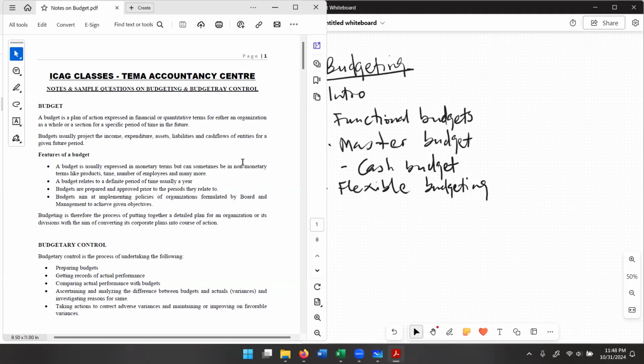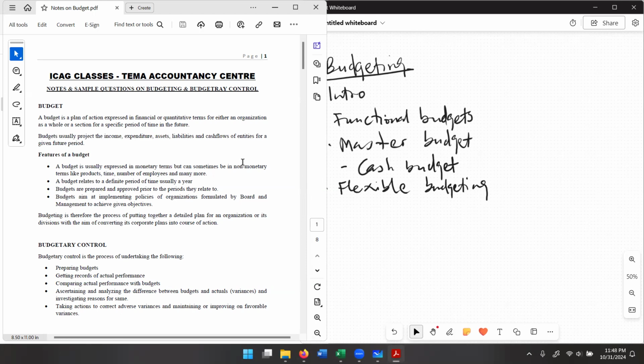Those plans are mostly expressed in quantitative form or in the form of financial statements. The budget relates to either an organization as a whole or part of the organization, and it is mostly for a given period of time, and that time is in the future.